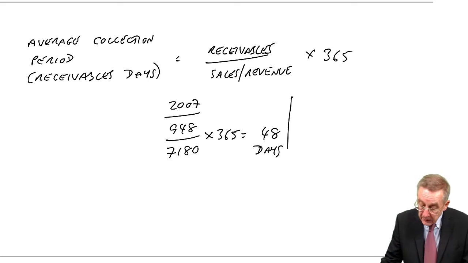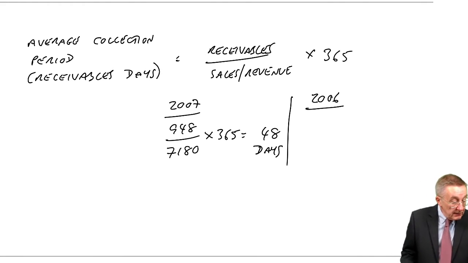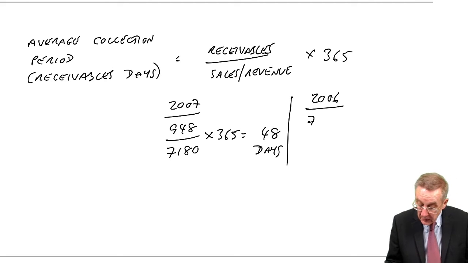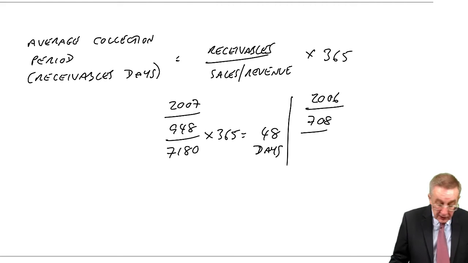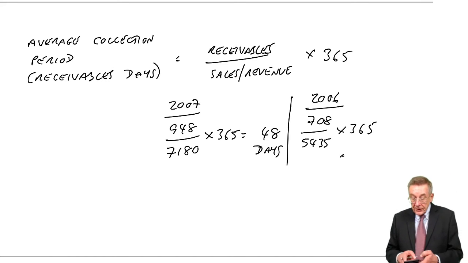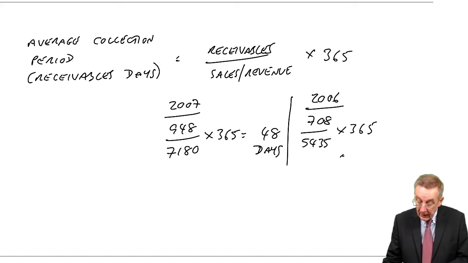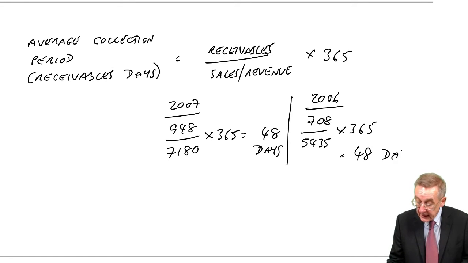Now, before I say any more about it, let's just read the previous year. The previous year, receivables were 708, the sales were 5435, and so last year it seemed as though we were taking 47.5, effectively the same, 48 days.